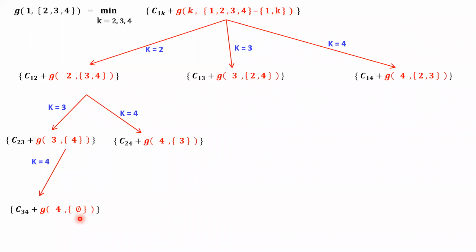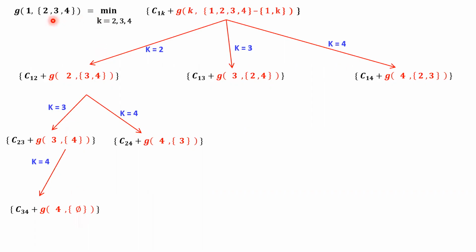There are no remaining cities to be visited. You can observe the paths here. I have started with starting city number 1. Then I have decided to go to city number 2. Then I may have decided to go to city number 3, then to city number 4. So I have traveled 1, then 2, then 3, then 4. Now there are no remaining cities left out. This is one feasible path.